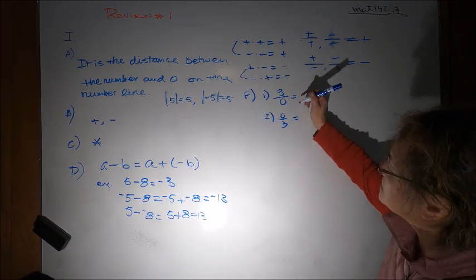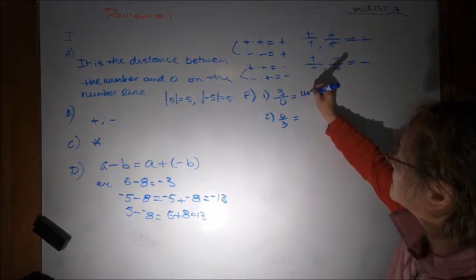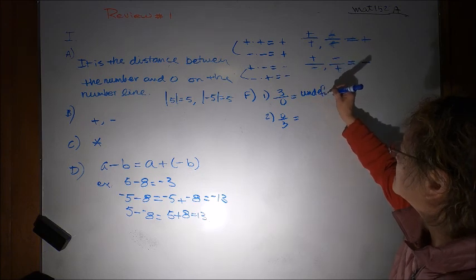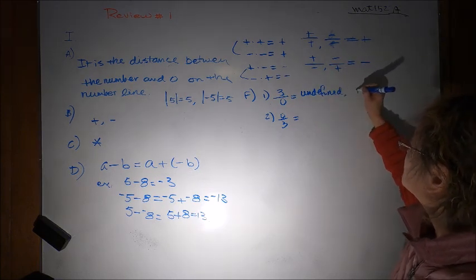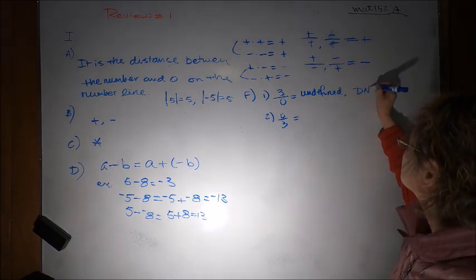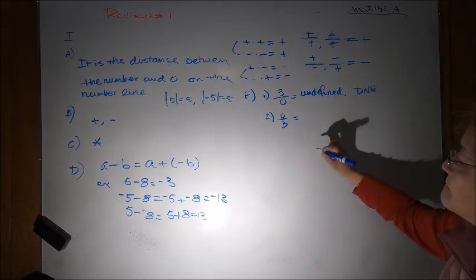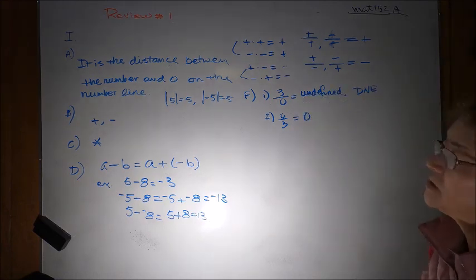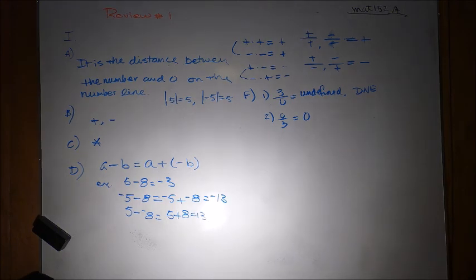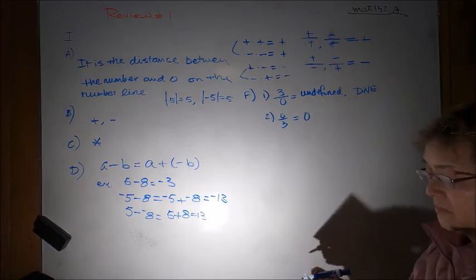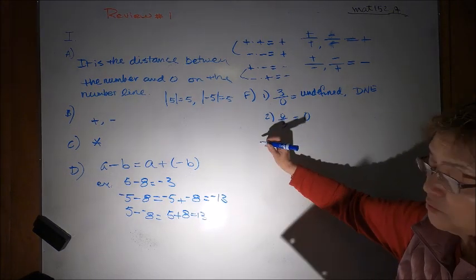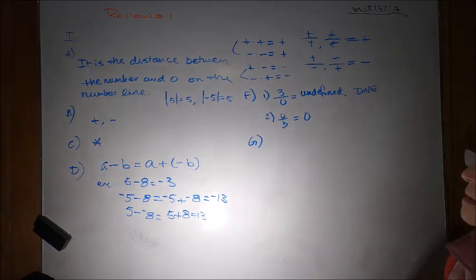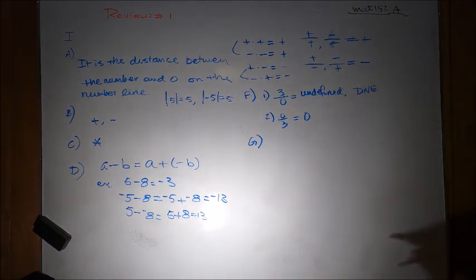You cannot use 0 as a divisor, so you can answer the question as undefined or doesn't exist. Either way would be fine. Then 0 divided by 3: $0 given to 3 people, each person will have how much? None, right?